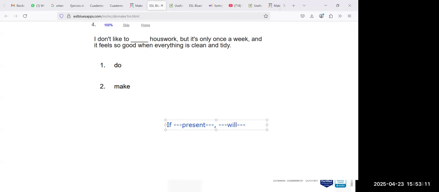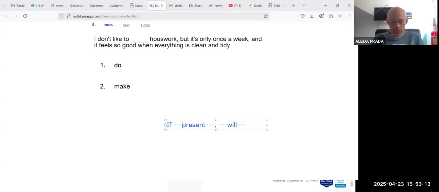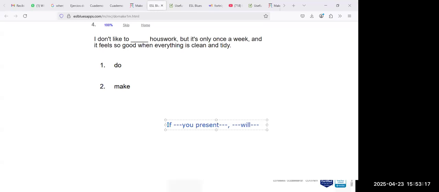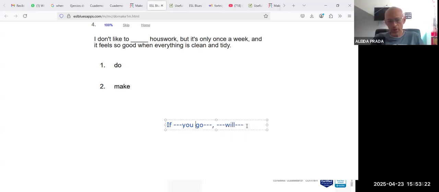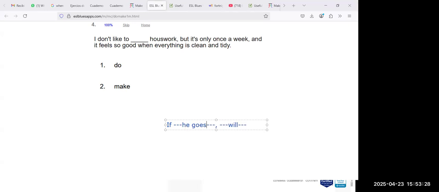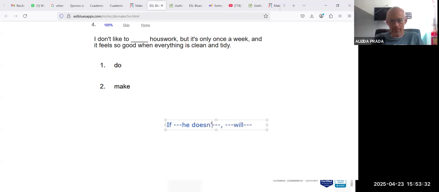But here, you have to take into account if you are talking about you, because the verb is only go, for example. But if you are talking about he, it's not go, it's goes. And if it's negative, you have to use doesn't go.